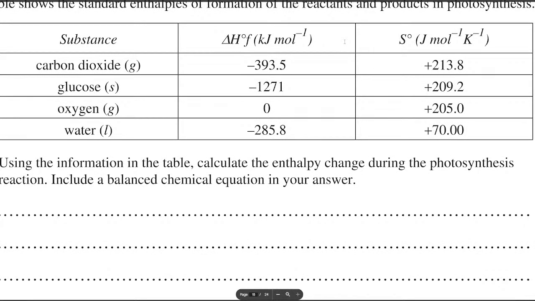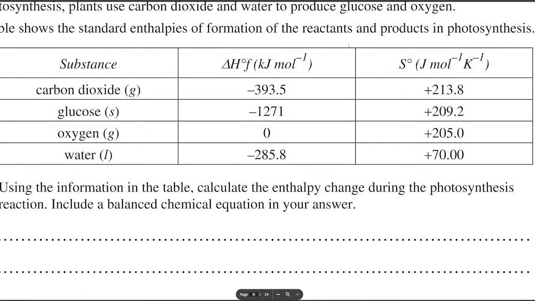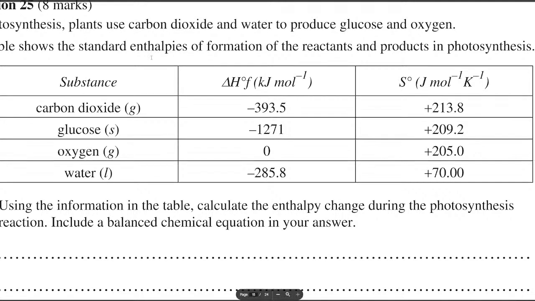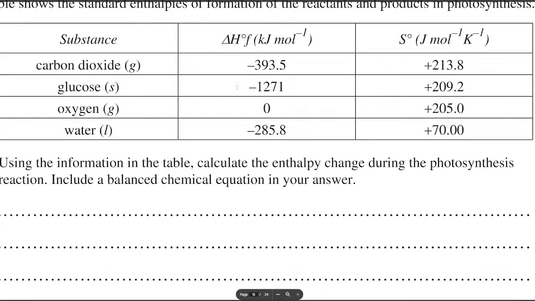Calculate the enthalpy change during the photosynthesis reaction. Oh, bro, Hess's law is literally the enthalpy change. What? Final products minus reactants. So, you need to write the chemical equation so you balance it out because if it's like 2 carbon dioxides, you have to times the thing by 2.